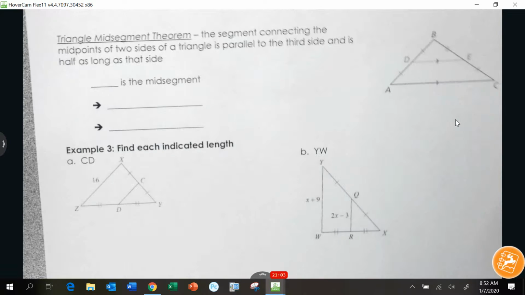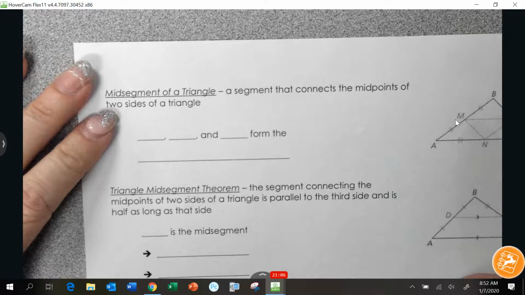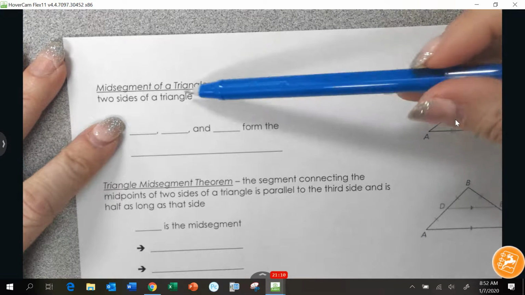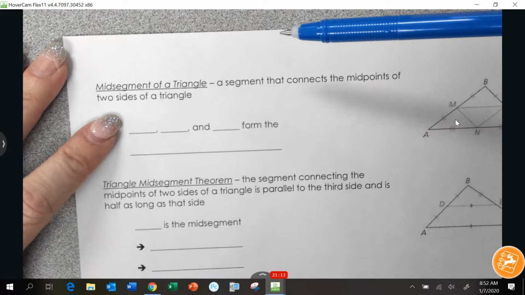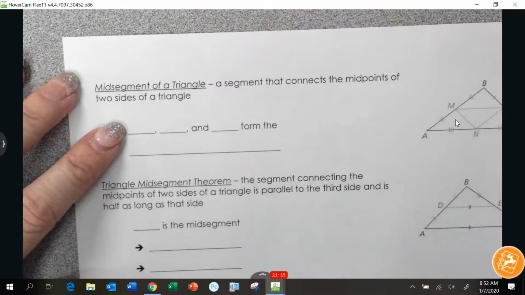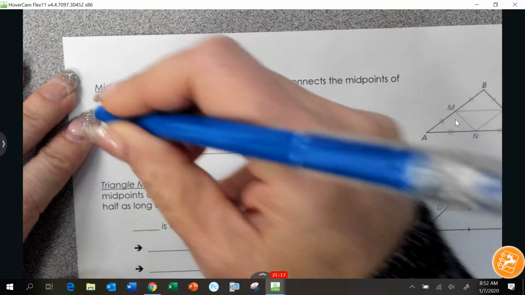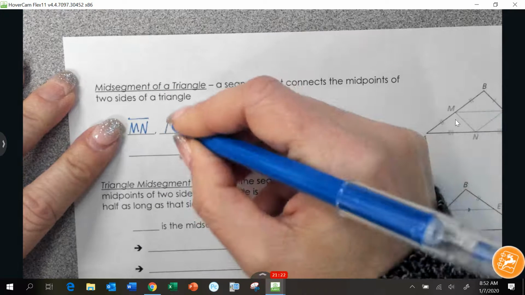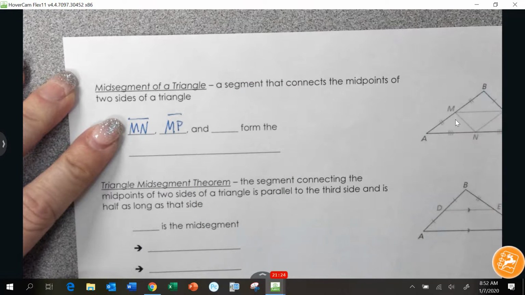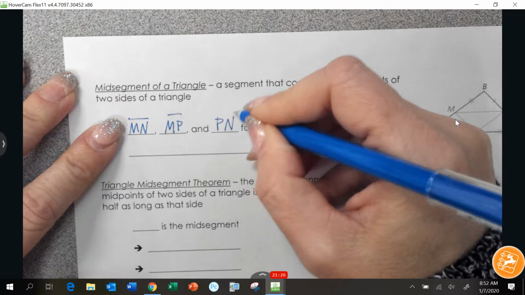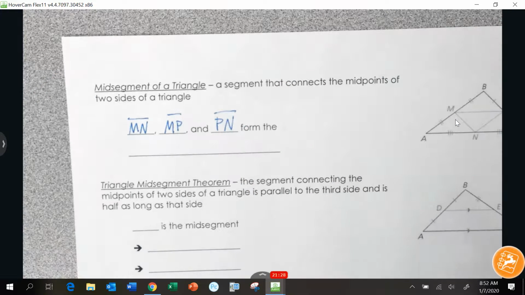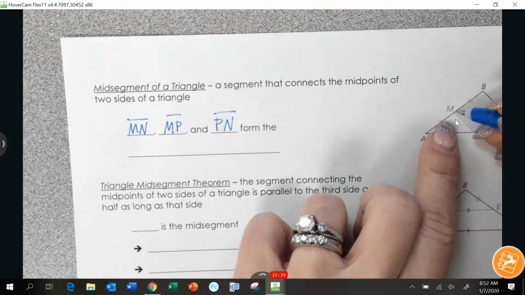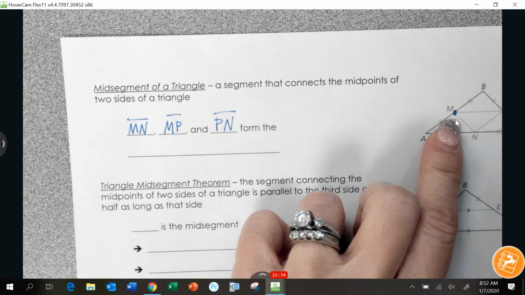All right. Last stuff. Mid-segment. Oh my gosh, we gotta hurry. A mid-segment of a triangle is a segment that connects the midpoints of two sides of a triangle. So, side MN, MP, and PN, these are each mid-segments because they connect the midpoints of two opposite sides.